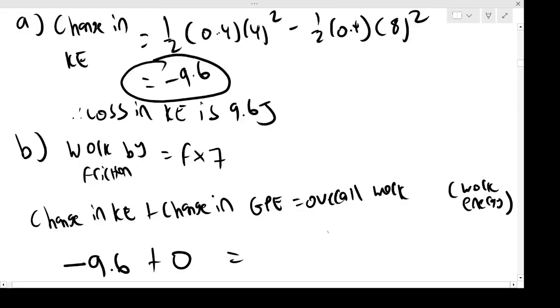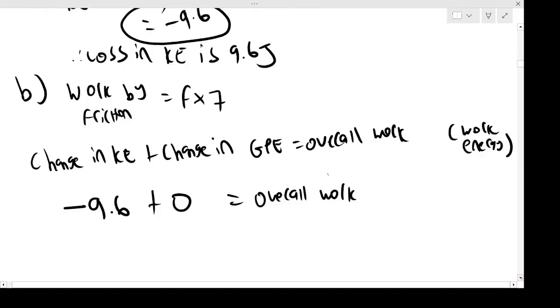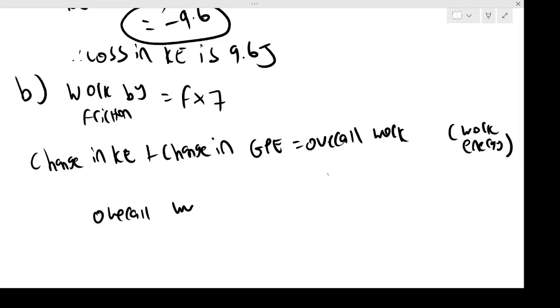So that's telling me that the overall work is minus 9.6, again in joules. Again, it's going to be negative. You'll see why in a moment. So this is the overall work done.